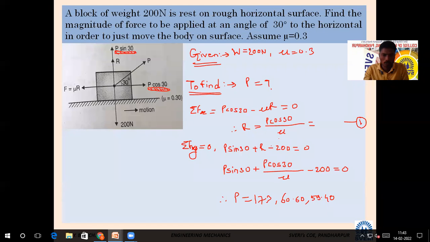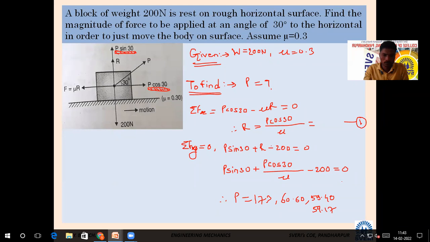Okay. Avinash 35. Sir, 59.17. 59.70. Okay. Omkar Mane 39. Yes, Omkar. What is your answer?